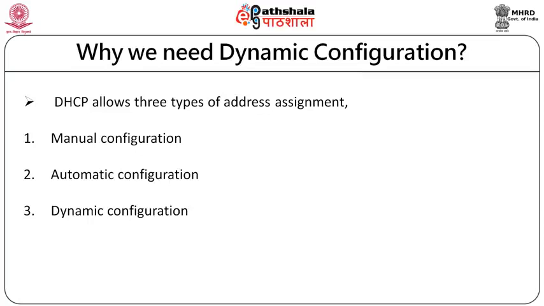The second configuration is automatic. In automatic configuration, the manager or administrator allows a DHCP server to assign a fixed address when a computer is attached to the network for the first time, and that address will remain with that computer. That is the second one, automatic configuration, and a number of times we use automatic configuration.